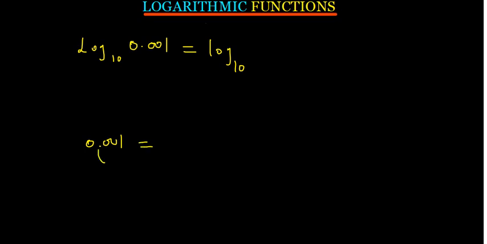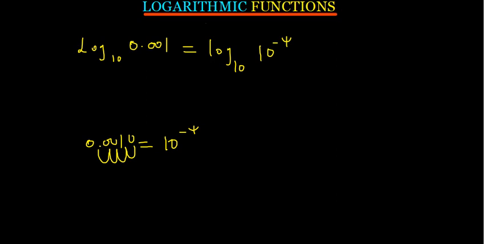And how do I write that? I'll move the decimal 1, 2, 3. I'll move it for the fourth time so that the point goes beyond this 0. So that is going to be 10. I moved it 1, 2, 3, 4 times, isn't it? That is 10 to the power negative 4.